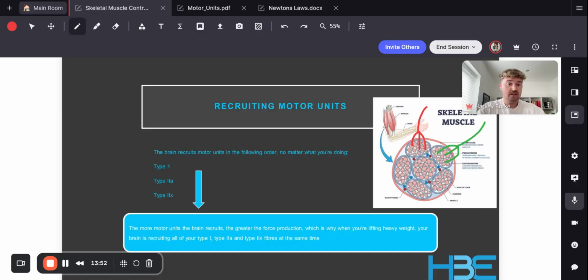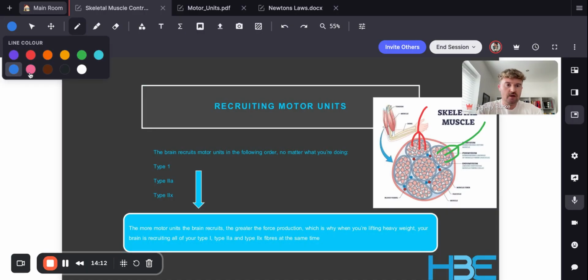Now, the final thing, I guess this could be asked about in both exam boards, and I guess it'd be more of an AO3 point for AQA, but I have seen this as a short mark question in OCR. It was a question along the lines of what would be the impact of recruiting more motor units?